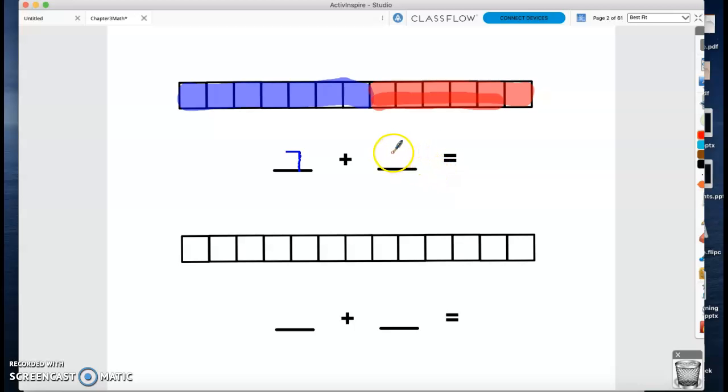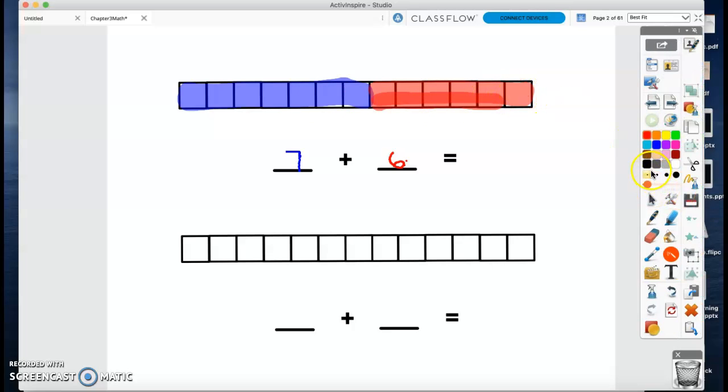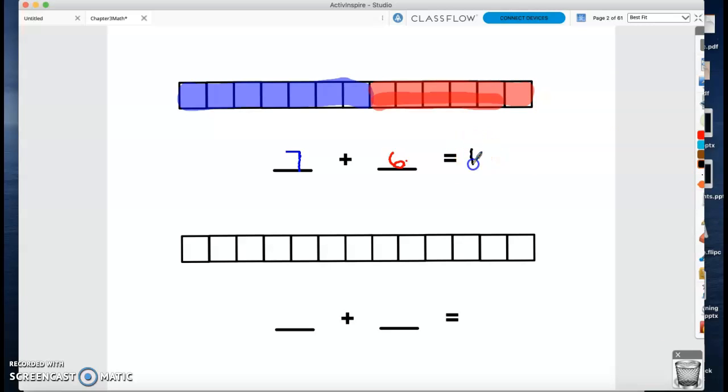I have 6 red. And that's going to equal, let's count how many we have all together. 1, 2, 3, 4, 5, 6, 7, 8, 9, 10, 11, 12, 13. We have 13 altogether. So when I add, I can change my add-ins.